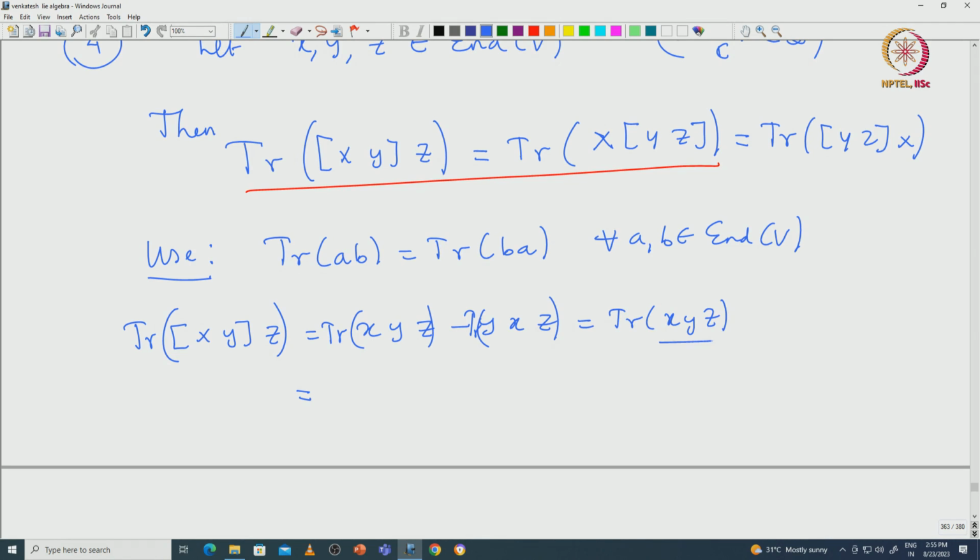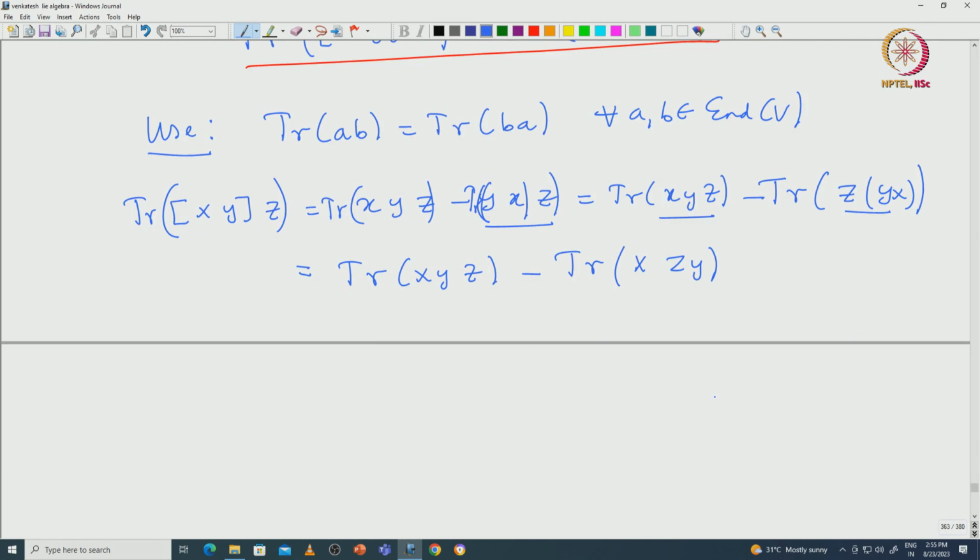I am not changing this, but I will just shuffle the other one. You can group it like yx and z, then this becomes trace of zyx. Now again you just shuffle them: trace of xyz minus, if you keep zy as one pair and then x as the second pair, this becomes trace of xzy.